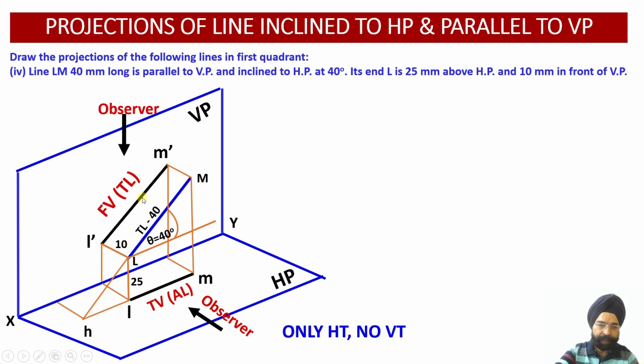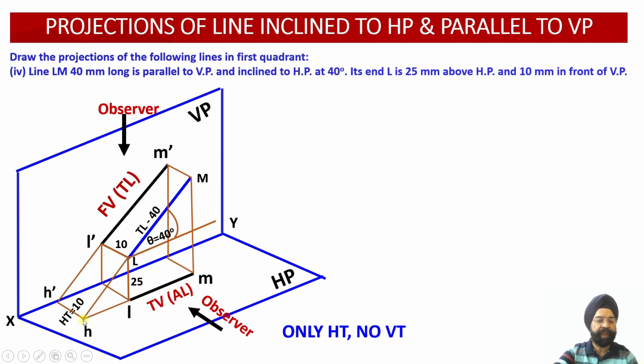So I'll be extending this projection of the front view, and then wherever this perpendicular distance is meeting this XY line, I will get this notation as H dash. So this distance is going to give me my horizontal trace. And what is the value of my horizontal trace? Since this line happened to be 10 millimeter in front of VP, it will be intersecting my horizontal plane 10 millimeter ahead of the VP.